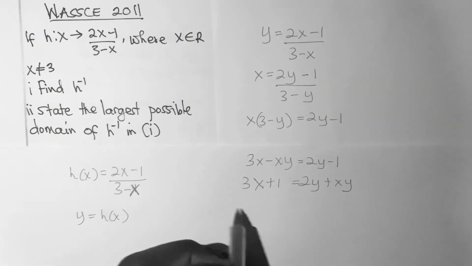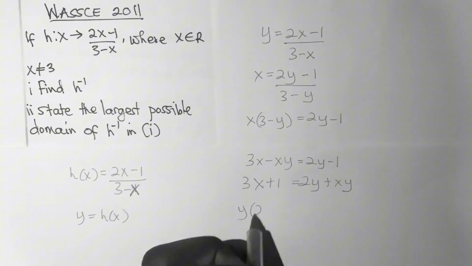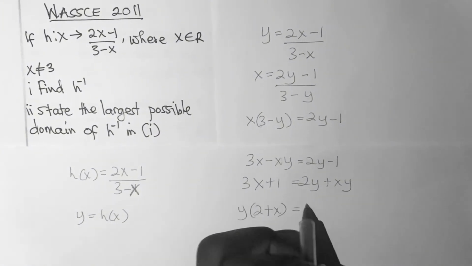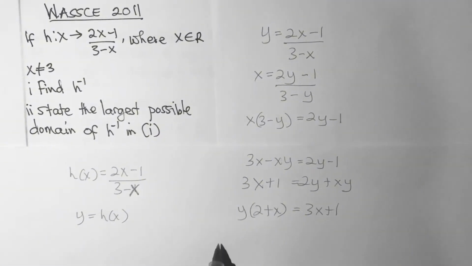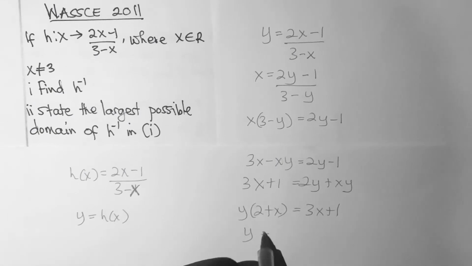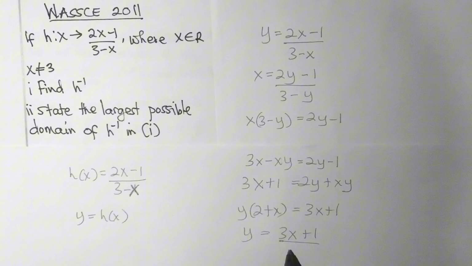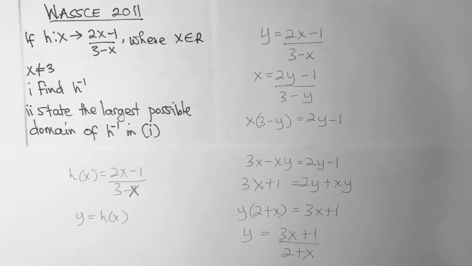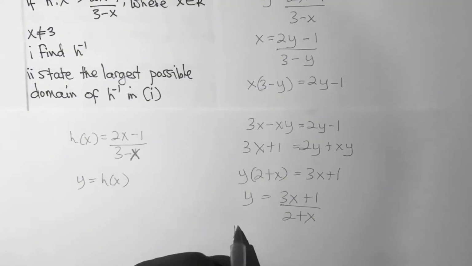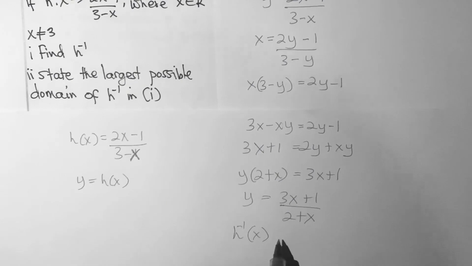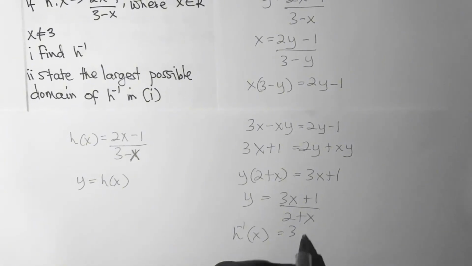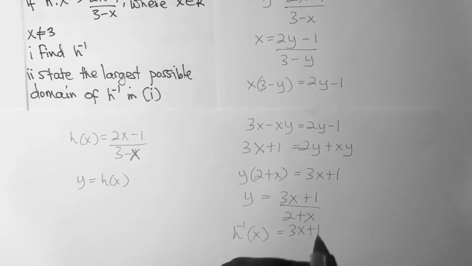So let's factorize y in this case. So y times (2 plus x) equals 3x plus 1. So if we divide through, we find out that y is equal to (3x plus 1) divided by (2 plus x). So h inverse of x is equal to (3x plus 1) divided by (2 plus x).